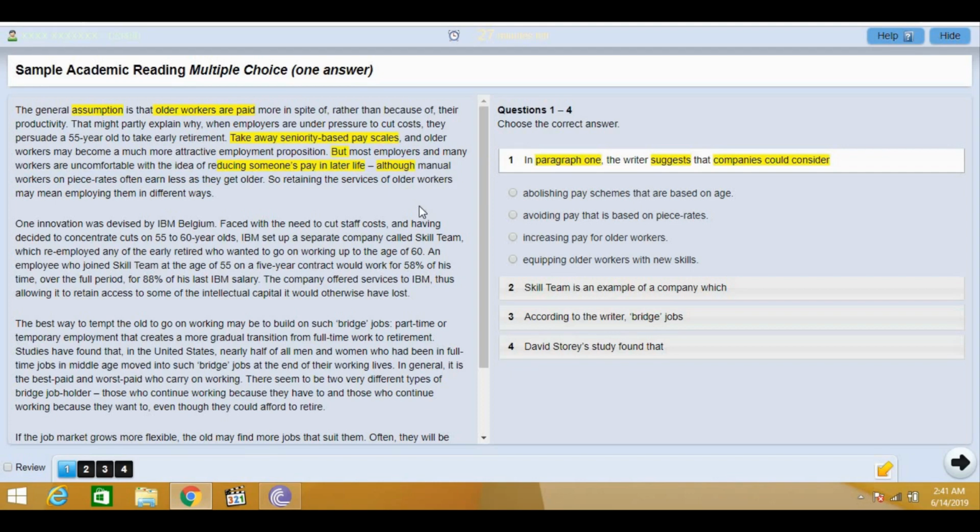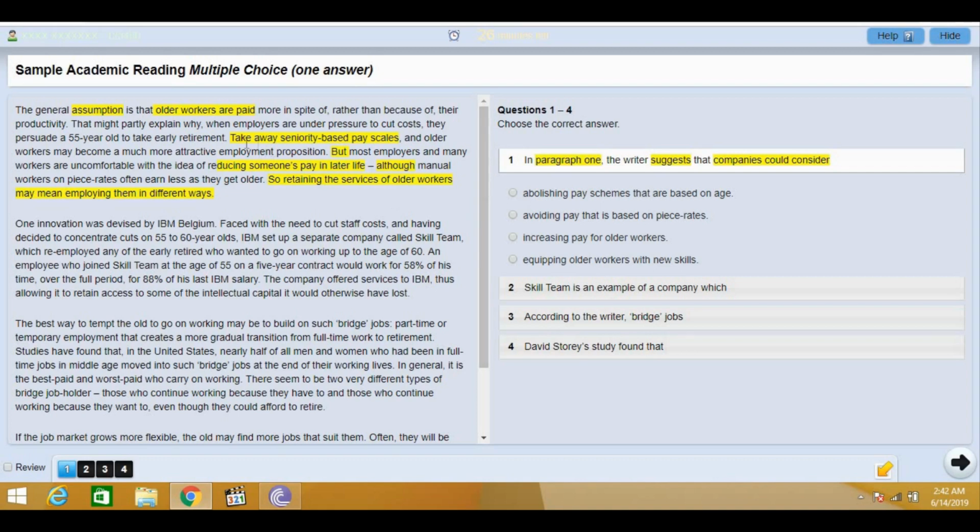Although manual workers on piece rates often earn less as they get older, retaining the services of older workers may mean employing them in different ways. This is a kind of suggestion, the last line: retaining the services of older workers may mean employing them in different ways.